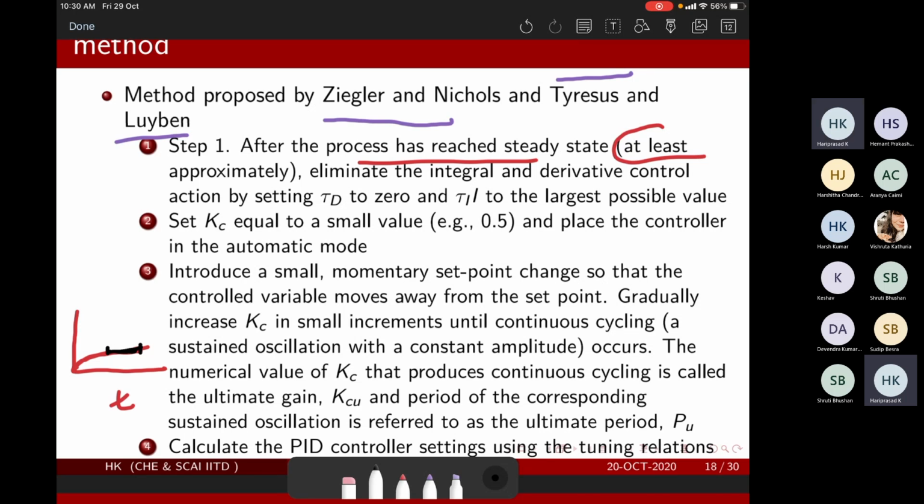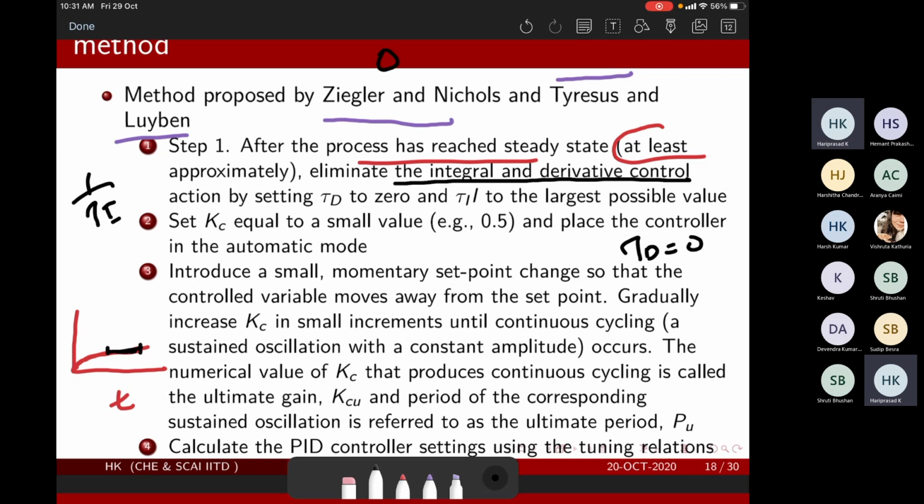Okay, so now what we have to do is eliminate the integral and derivative control. So how to do it? Of course, tau d to make it 0, and it is 1 by tau I, right? So what to put? You cannot put infinity to make it 0. Put the largest value possible.